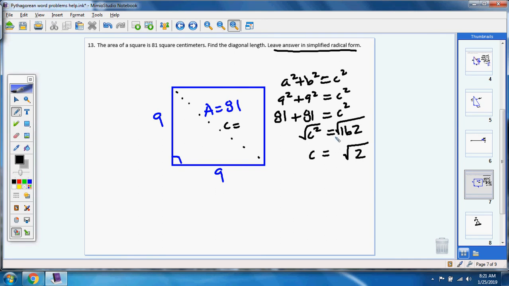Not a 3, because I have 2 pairs of 3s, not a 6. I have a 9. Because remember, it's really a 3 and a 3. Multiplication gives me the 9. And then, of course, based off of our units, we're going to go ahead and, let me see if I can squeeze it in, centimeters.